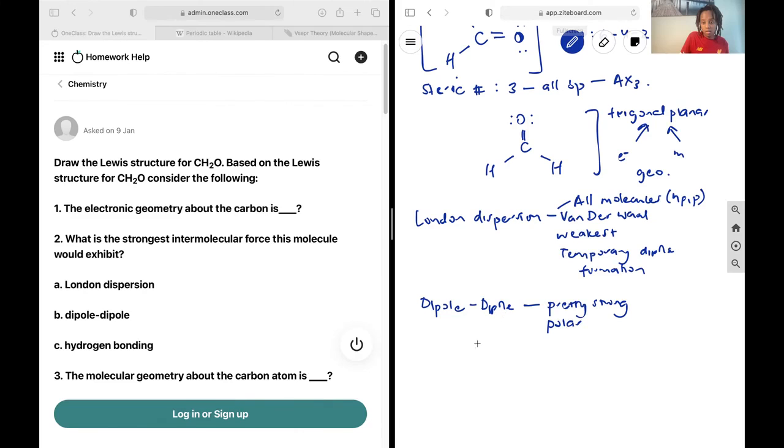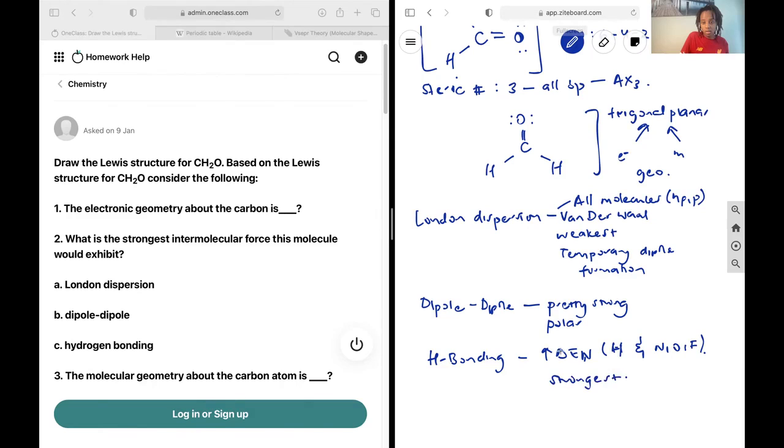And then lastly, we will have hydrogen bonding. And this is caused by a very high difference in electronegativity between hydrogen and nitrogen or oxygen or fluorine, I believe. And it is the strongest.